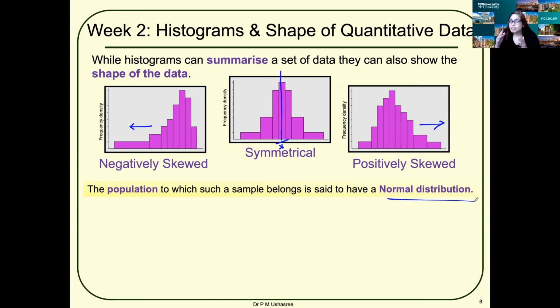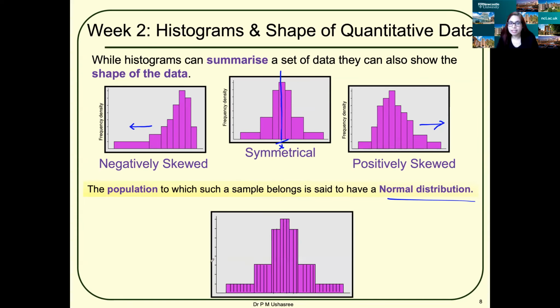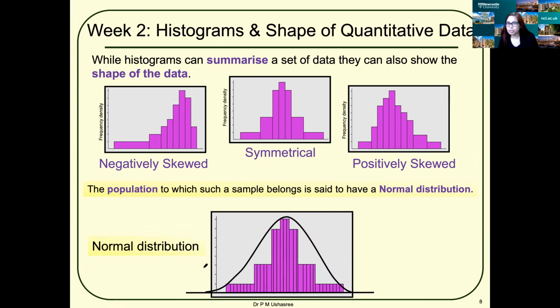So a normal distribution is a symmetrical distribution, because here we are talking about a large number of samples, or a sample with a large size. So the population distribution will have a symmetrical shape, and such a distribution is called a normal distribution.